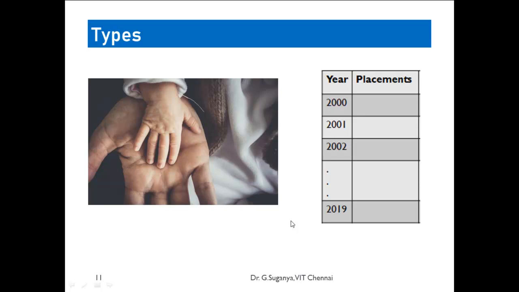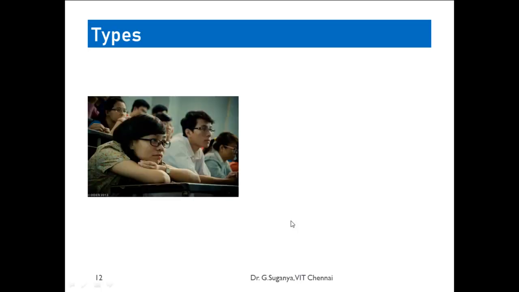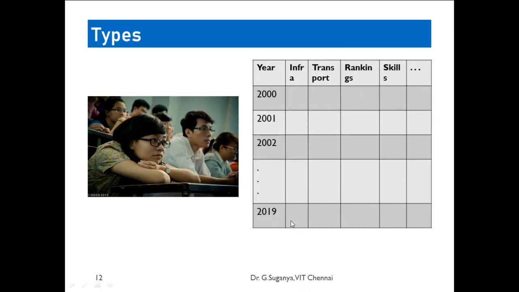But being a student, are placements the only concern for you? Not really, right? We are interested in so many other parameters, like the infrastructure, which is of major importance, the ranking provided by so many different providers, that is survey takers, the skills you think you need to get into the college, and the convenience of availing transport.